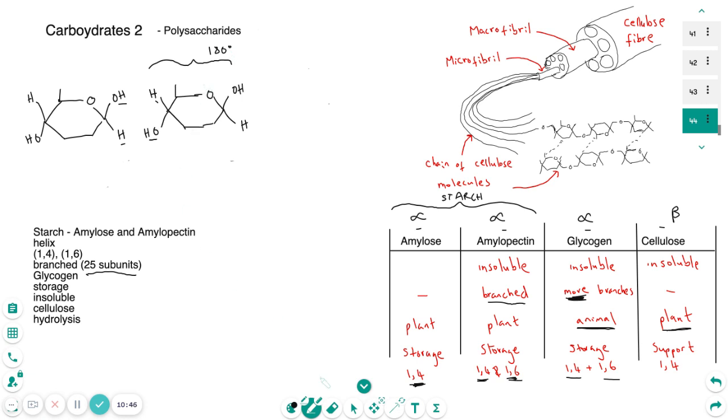So if we did that, you would see that this bit here now faces this way. This hydrogen and this OH, they're going to be swapped around as well. So let's swap that around as well. So now the OH is up here, the H has gone down, and now we need to swap this oxygen around as well because that's in the wrong place.